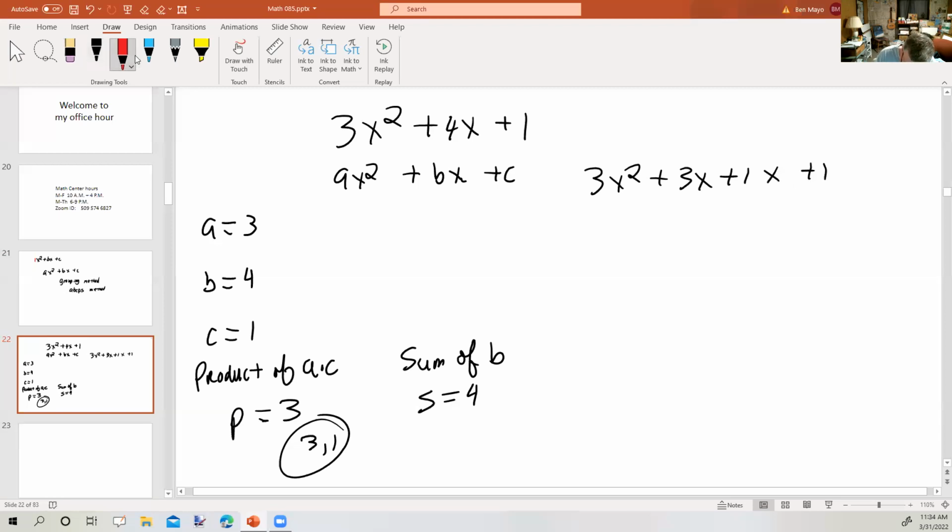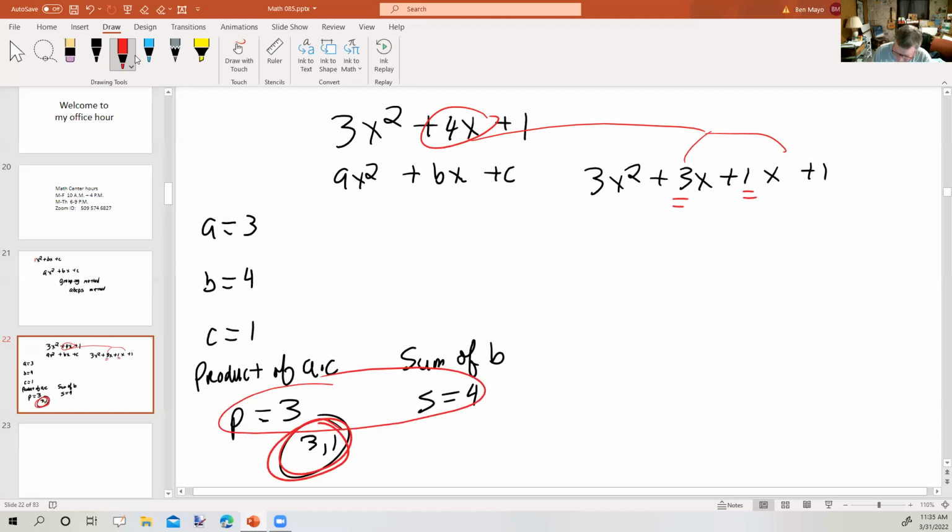I'm going to take the middle term and split it up into 2 terms whose coefficients are the two numbers that meet these two conditions. Now, I wrote 1x. I could have just left it x, but I wrote the 1 there just to emphasize that these coefficients go right here and here. Okay. Any questions so far?